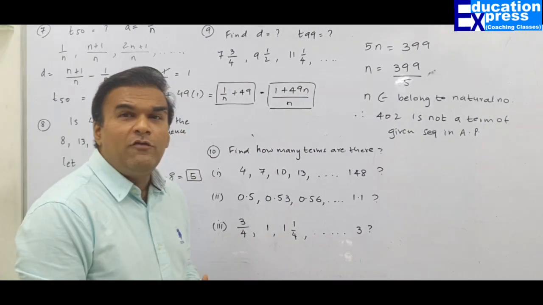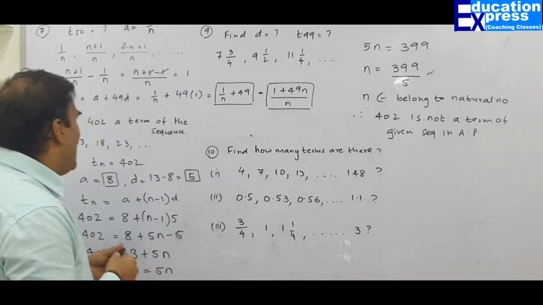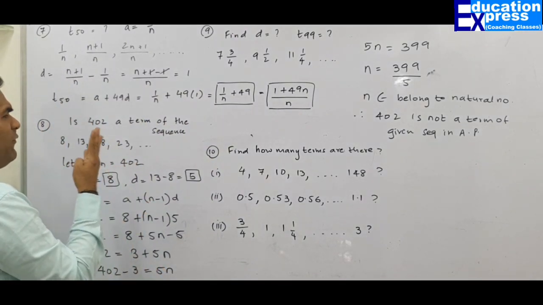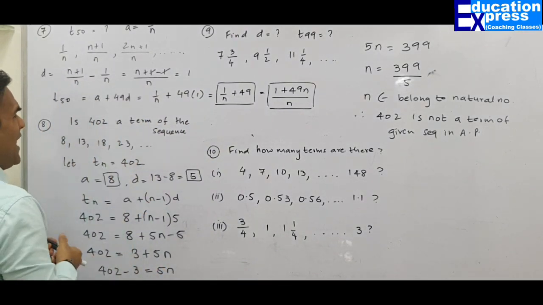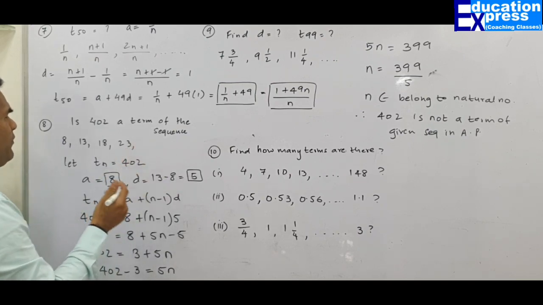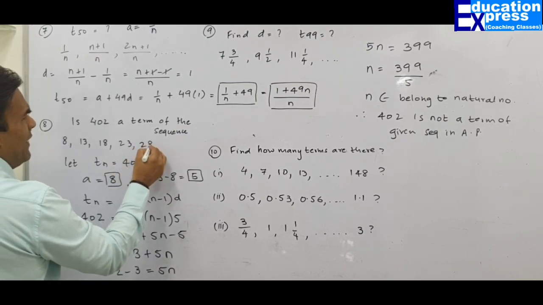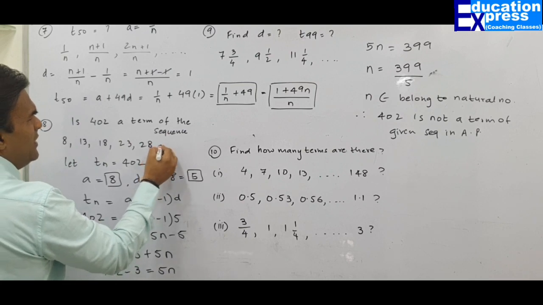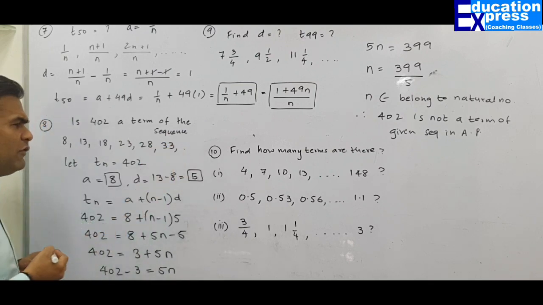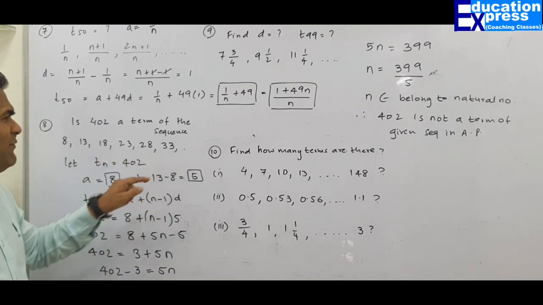For an example, I can say that 23 is a 4th term. So if 23 is the 4th term, what would be the 5th term? Sir, 28. What would be the 6th term? Sir, 33. So on and so forth. So while doing so, will 402 strike somewhere in between?